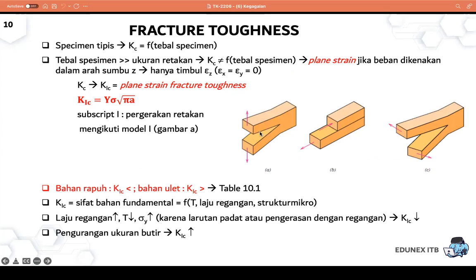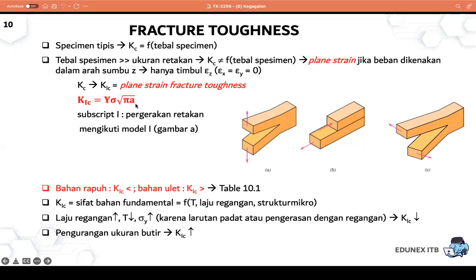If you have a crack over here and a tensile load this way and this way, perpendicular to the crack direction, it is called KIC. It is defined as a constant multiplied with the stress and also the square root of π multiplied with a.